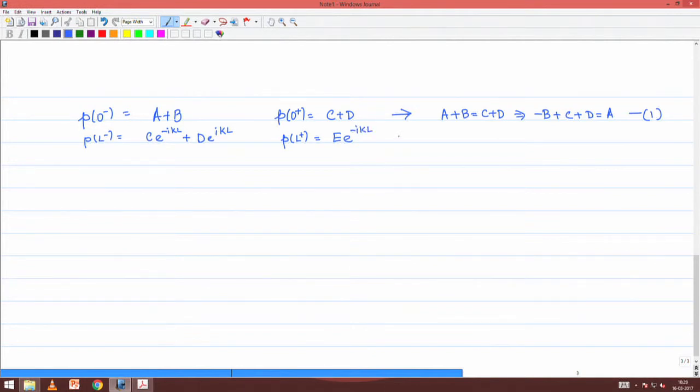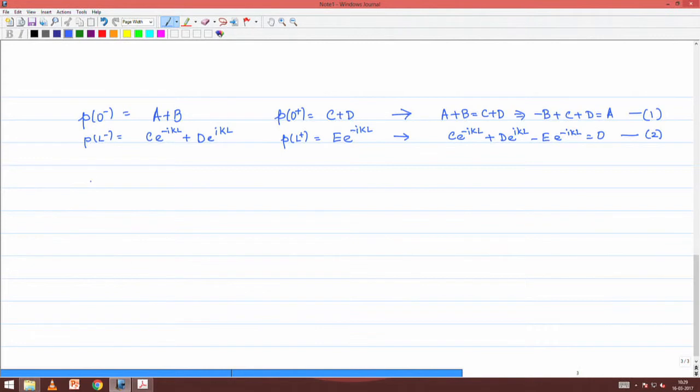So, the continuity argument demands that these two quantities must be same, which means C e to the power minus I k L plus D e to the power I k L minus e to the power minus I k L is equal to 0. That is the second equation.